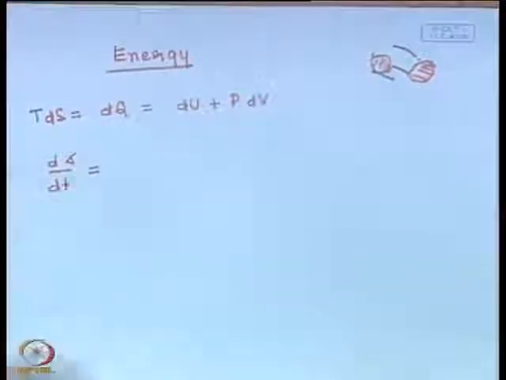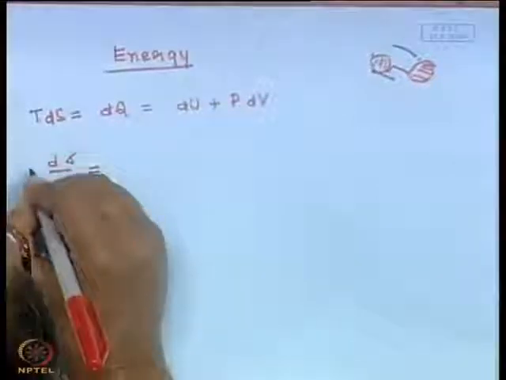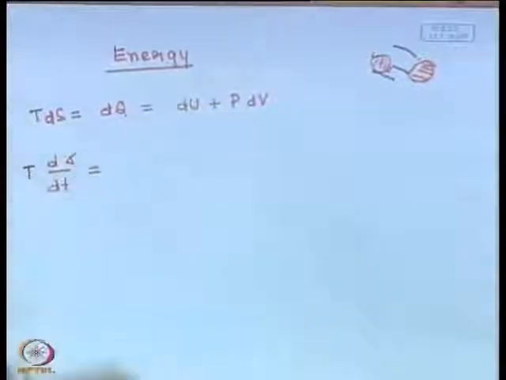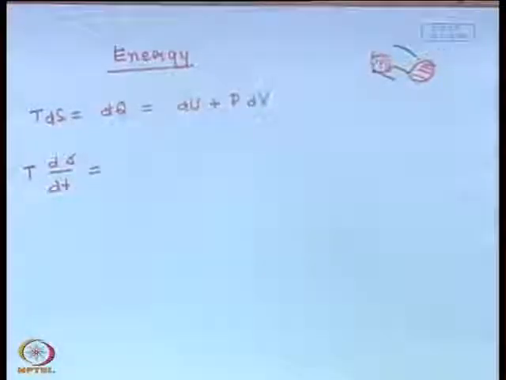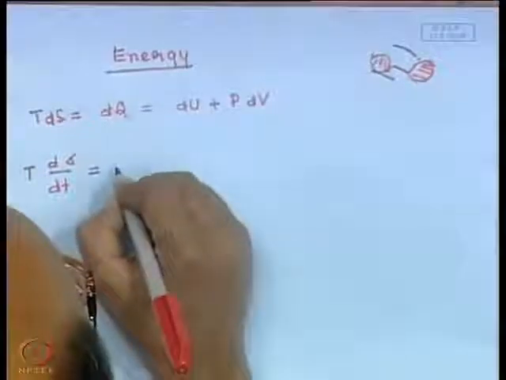We are interested in the rate of change of entropy per unit mass, and that is going to be the heat. So T times the rate of change of entropy per unit mass is going to be equal to the rate at which heat flows in or flows out of this mass element. Okay, so we can write it like this.